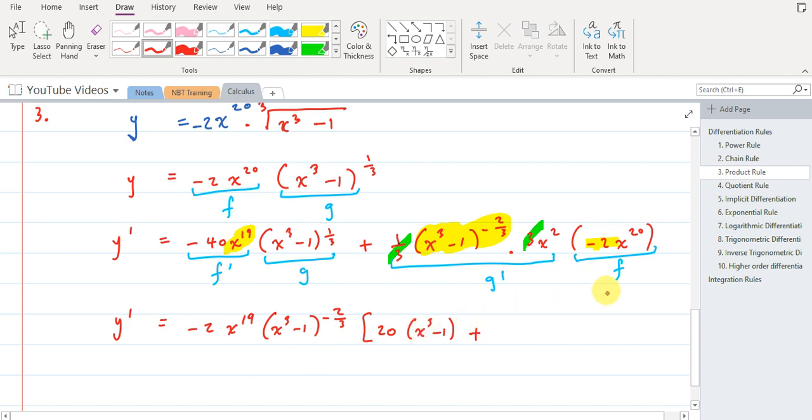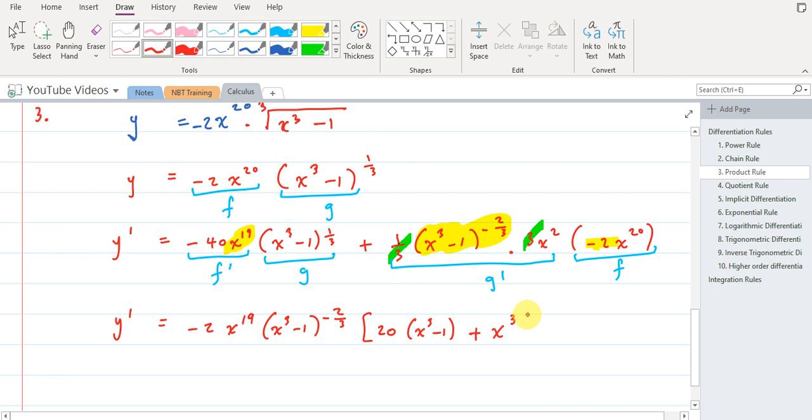So minus 2 divided by minus 2 is plus 1. Then we have x to the power 22 divided by x to the power 19. This is going to give us x cubed, because the 3 and the 1/3 cancel, and x cubed minus 1 to the power negative 2/3 and x cubed minus 1 to the power negative 2/3 cancel out.